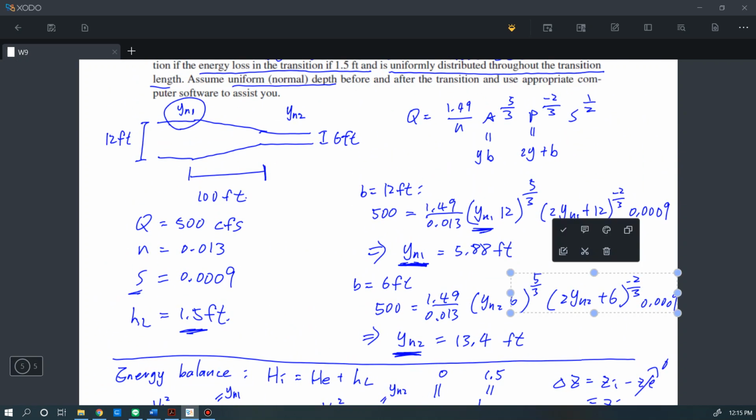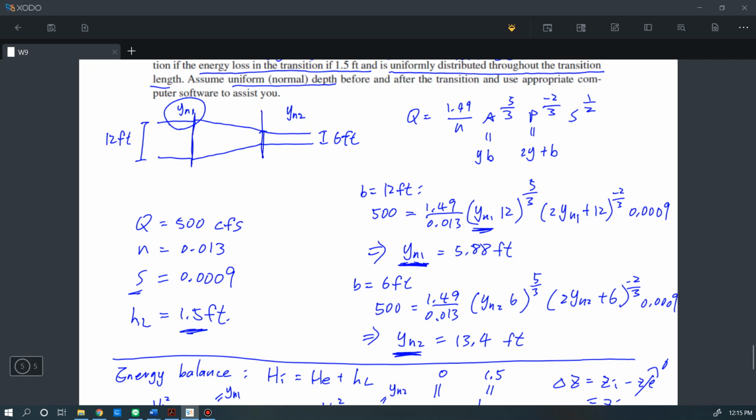So if we look at this channel from the side, let me erase this a bit. Okay, so this is the transition section, and if we look at this transition section from the side, we have an elevation that looks like this.